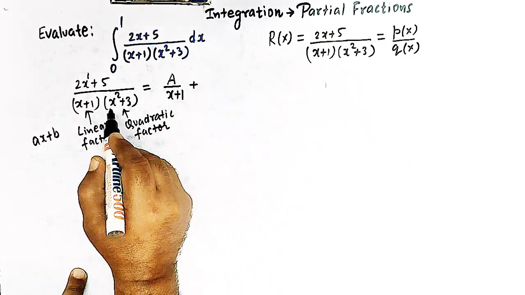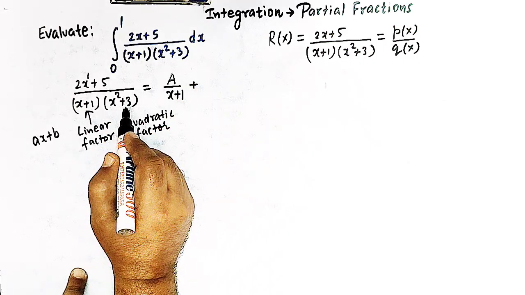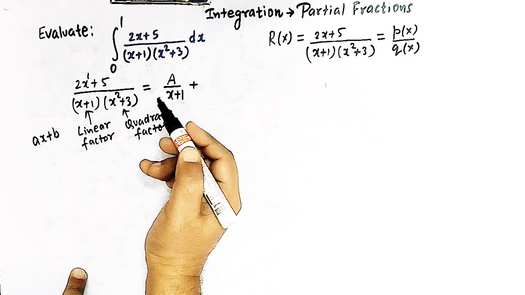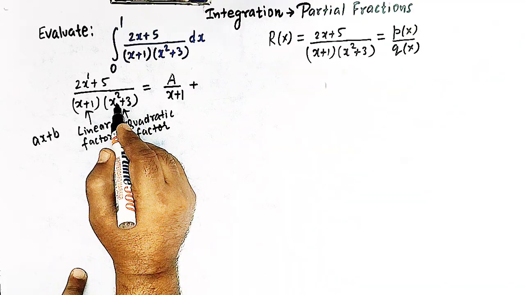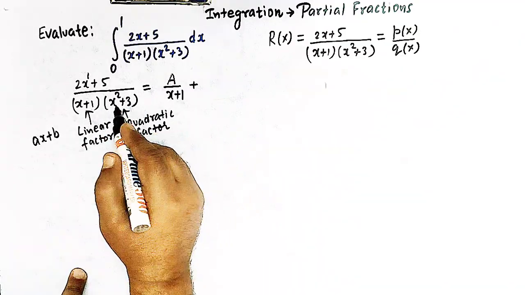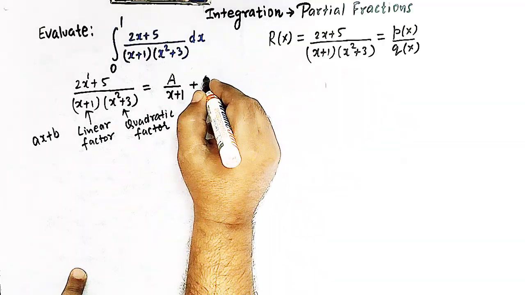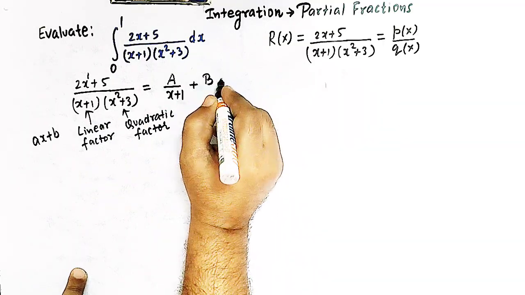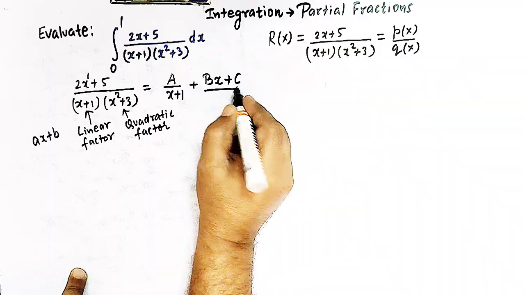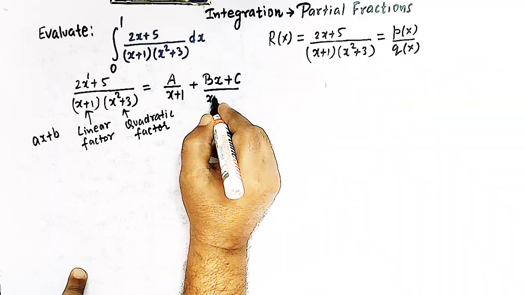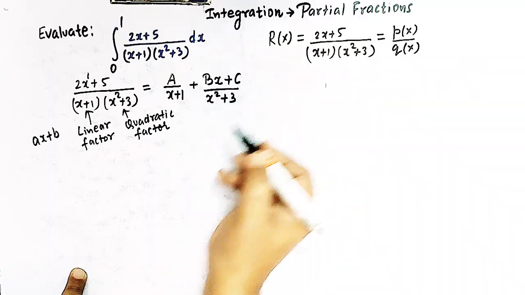Now this quadratic factor cannot be resolved into linear factors in the set of real numbers, so the numerator is of the form bx plus c, and the denominator is x square plus 3, right?